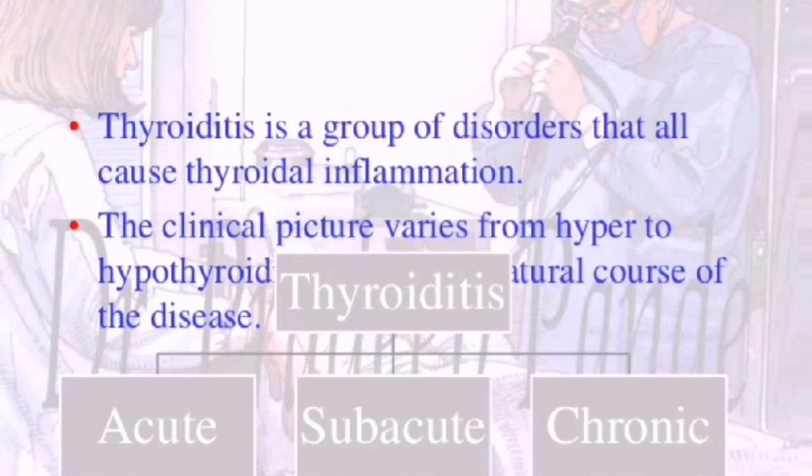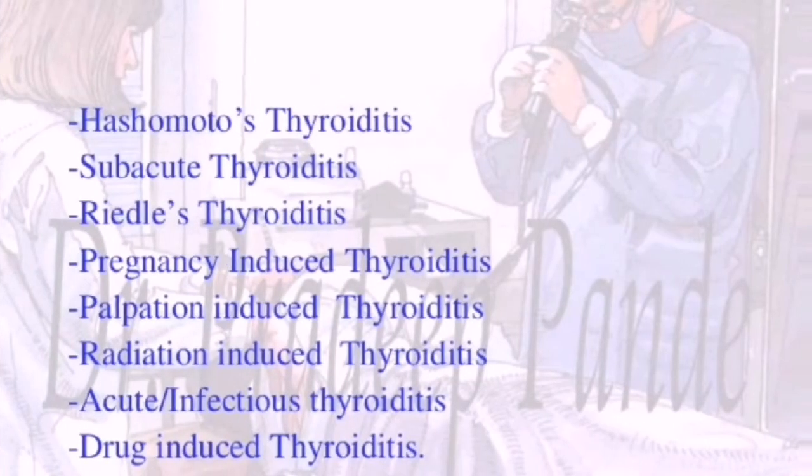Thyroiditis is divided into several types: Hashimoto's thyroiditis, subacute thyroiditis, pregnancy-induced thyroiditis, palpation-induced thyroiditis, radiation-induced thyroiditis, acute infectious thyroiditis, and drug-induced thyroiditis.